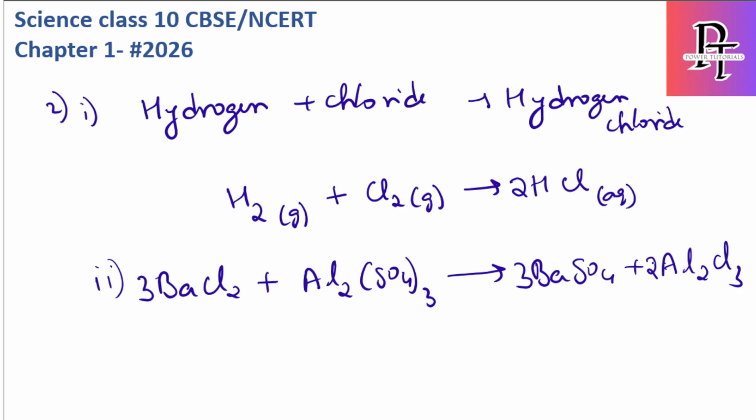Okay, it is just AlCl3, not Al2Cl. Aluminum is 3, chlorine is 1, so if it gets exchanged it becomes AlCl3. Let's check. 2 Al, just remove all the coefficients again, let's balance it.